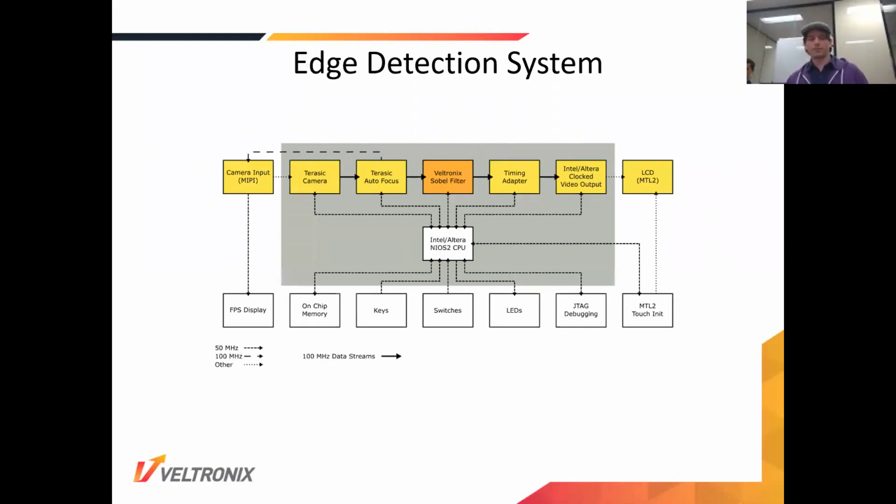So on the NEEC board, the examples that it comes with have a lot of blocks that allow us to sample from the camera in the form of the Jurassic camera block. It also has a lot of functions in terms of autofocus, which we're going to leave in there, and then also output to the LCD and the touch screen of the LCD, which is used to trigger the autofocus.